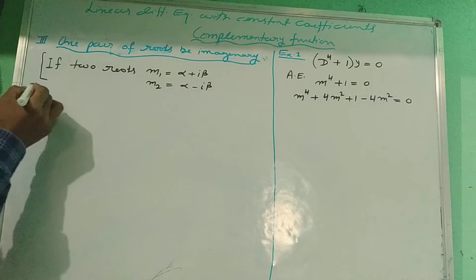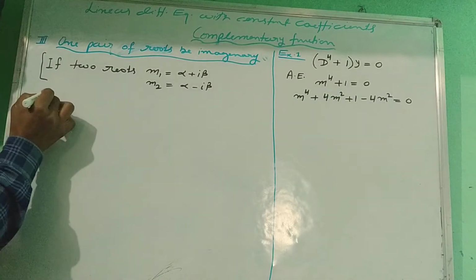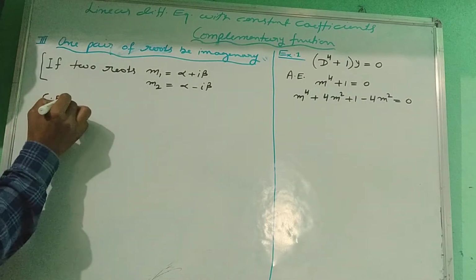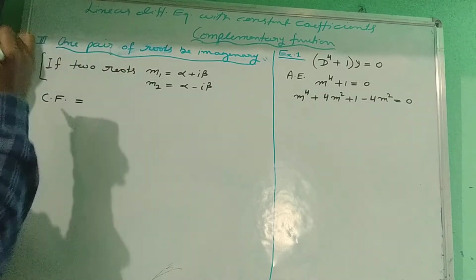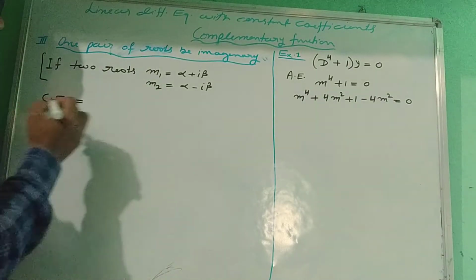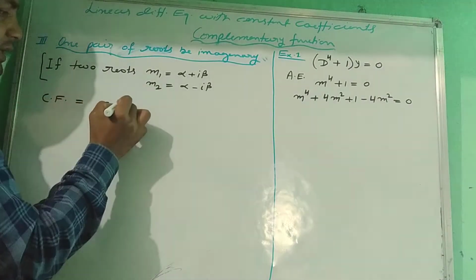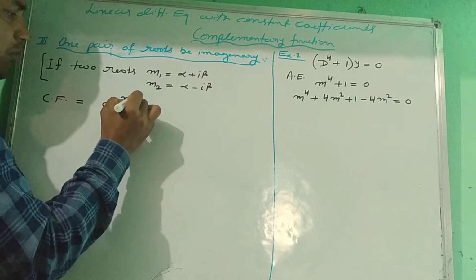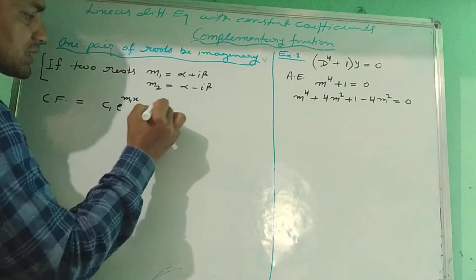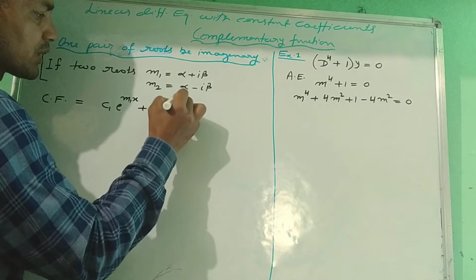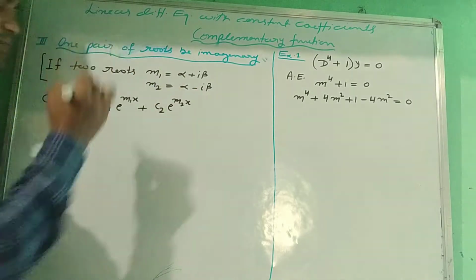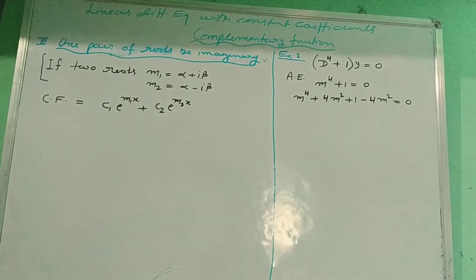In this case, the complementary function can be written as c1 e to the power m1x plus c2 e to the power m2x.